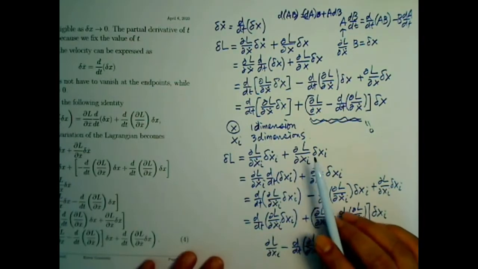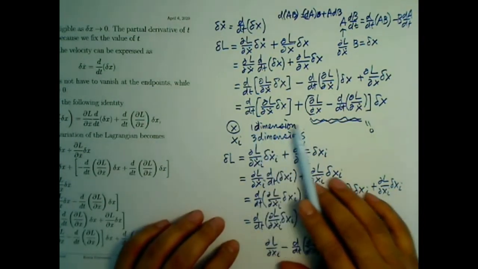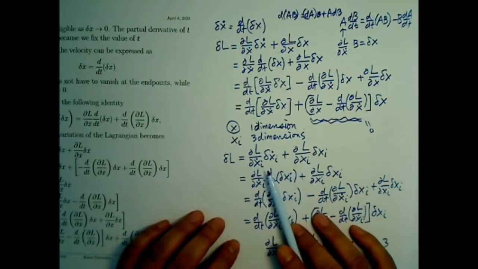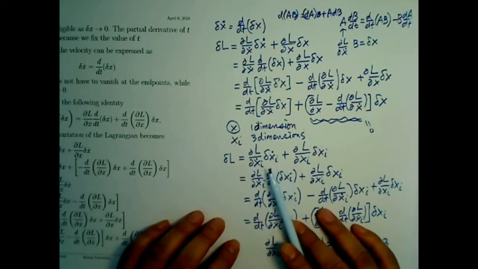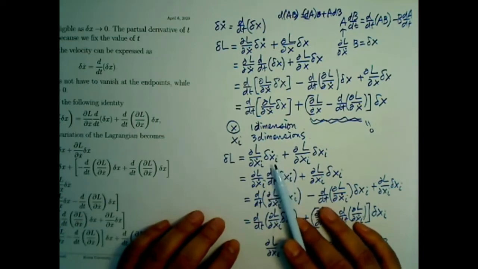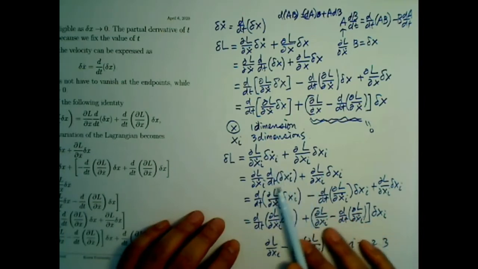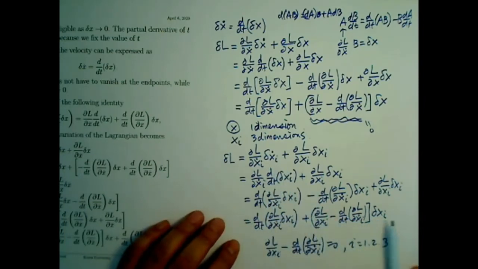If we extend this to the three-dimensional case, we put the subscripts in the vector indices, where i runs from 1 to 3, and we have to sum over all the indices.